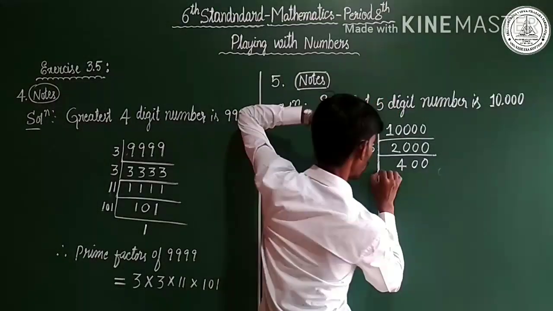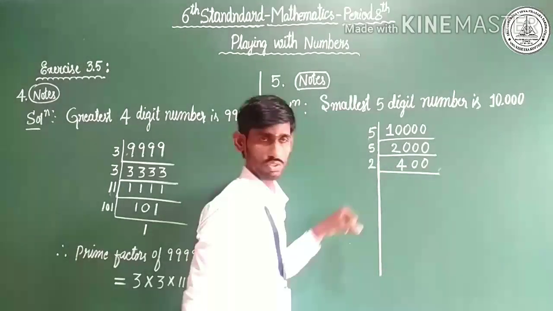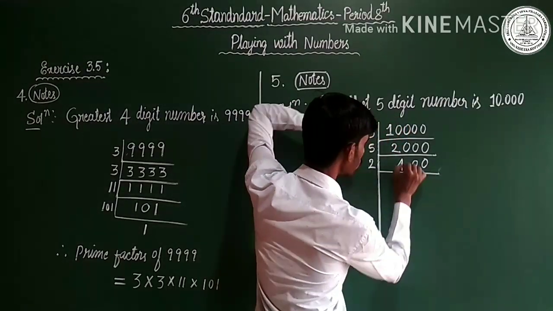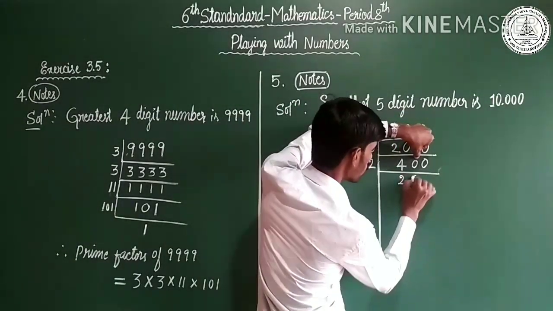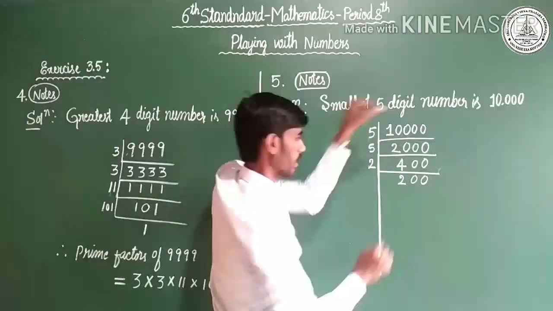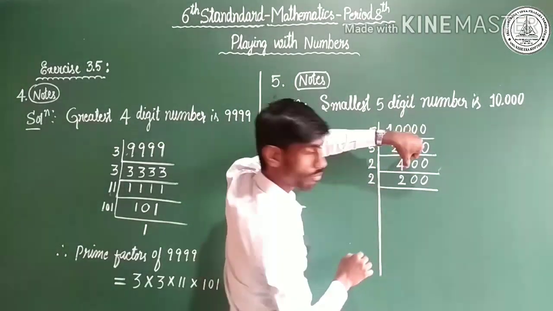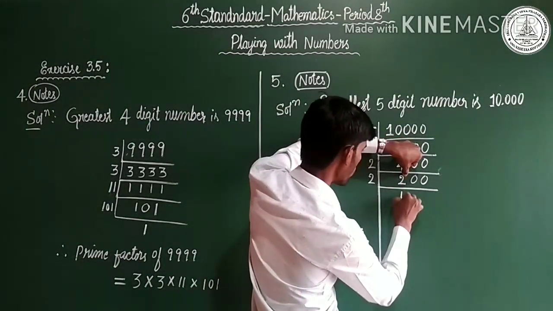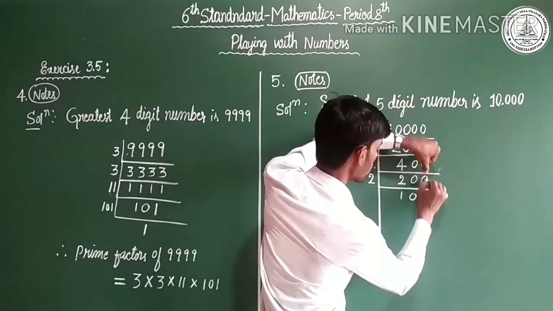Next, draw a line. Once again you may take 2. 2 1s are 2, 2 zeros are 0.